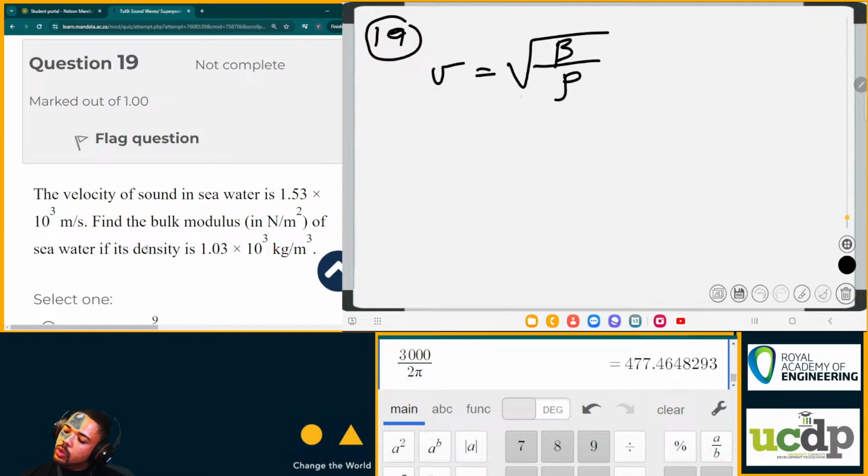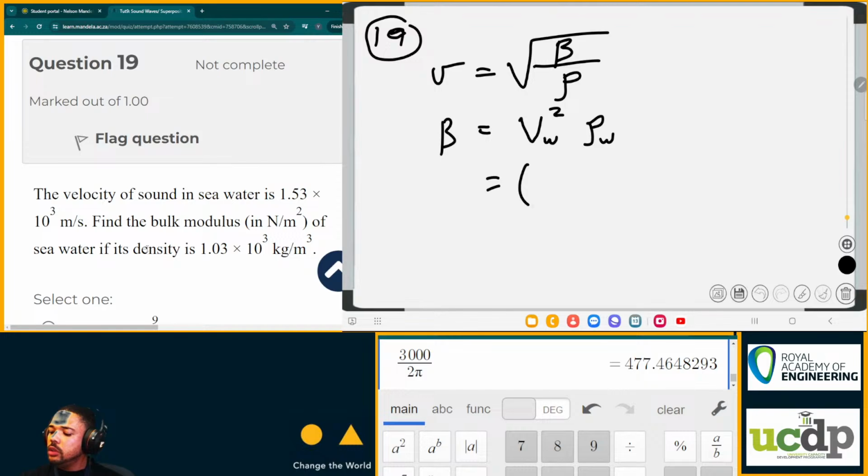Now we have the velocity, we want the bulk modulus. So if we rearrange this formula, the velocity in water squared multiplied by the density of seawater will give us the bulk modulus.